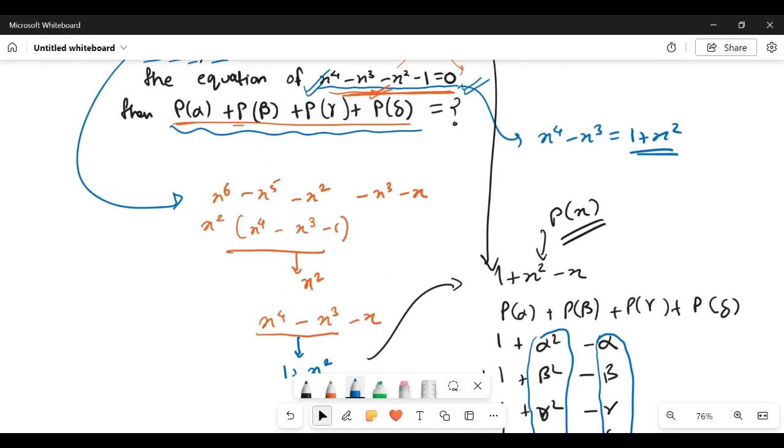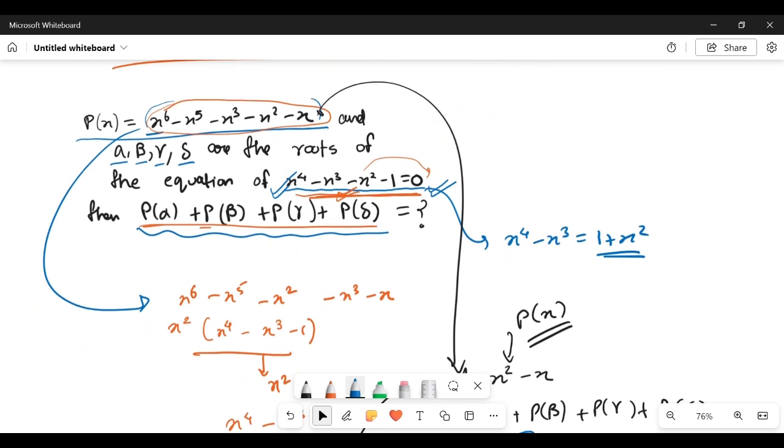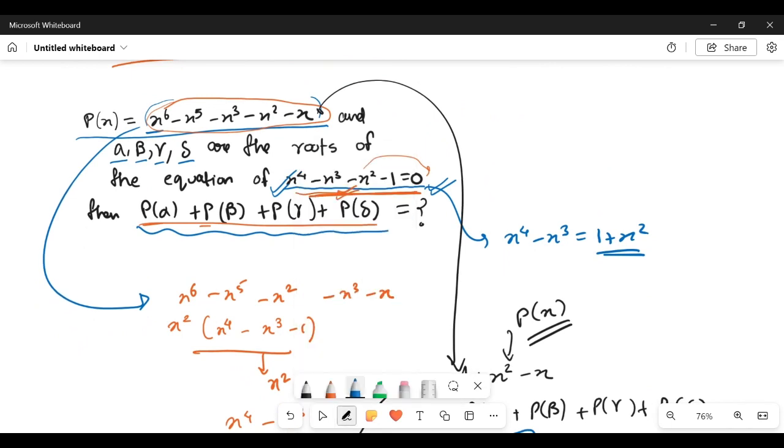So let's look at this equation, this one. What does this tell us? Okay, this equation, let me show you. If we write here alpha plus beta plus gamma plus delta, that would be 1, right?